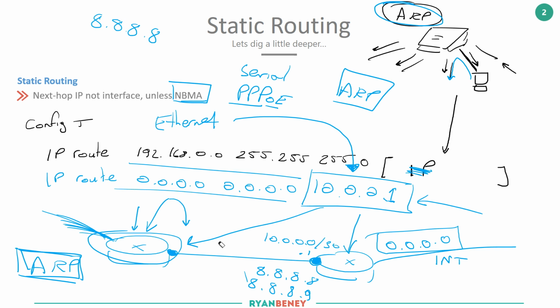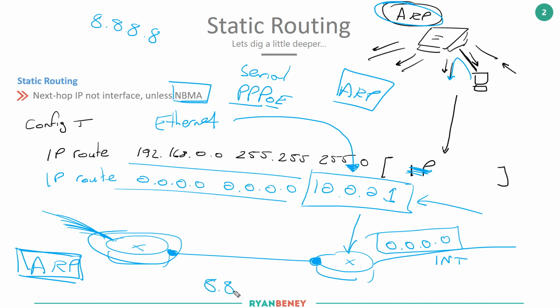Now you may be thinking this may cause a black hole in traffic, because if we had a particular device ARPing for each destination, surely it won't get a response because 8.8.8.8 doesn't live on this link. Well, by default, Cisco routers are set up with something called proxy ARP.